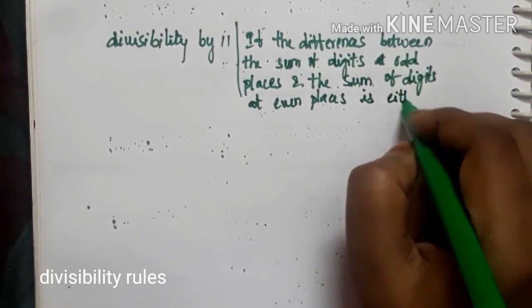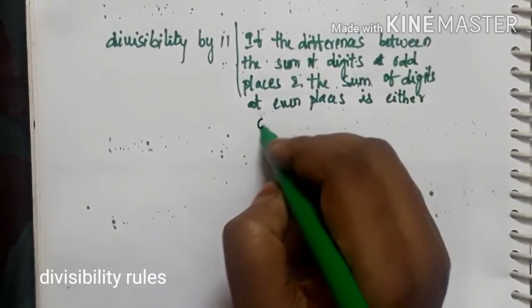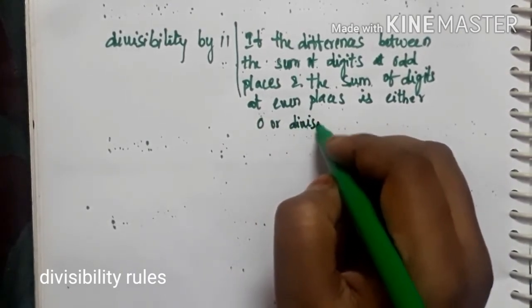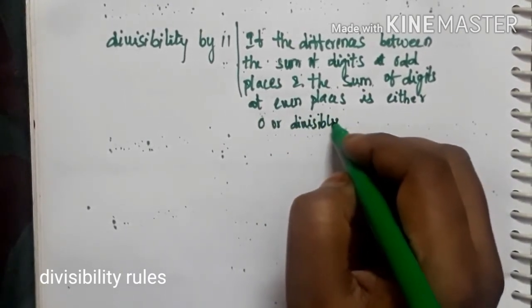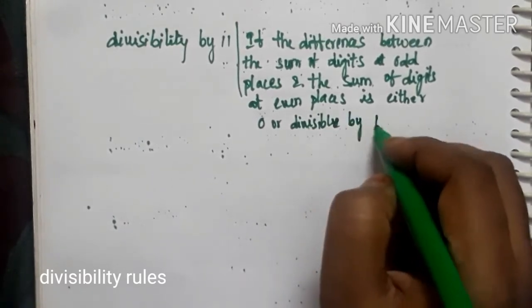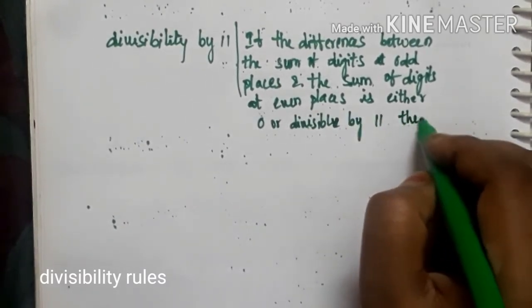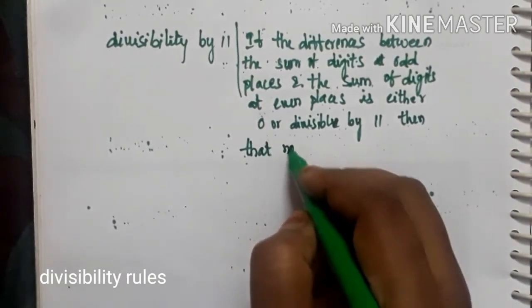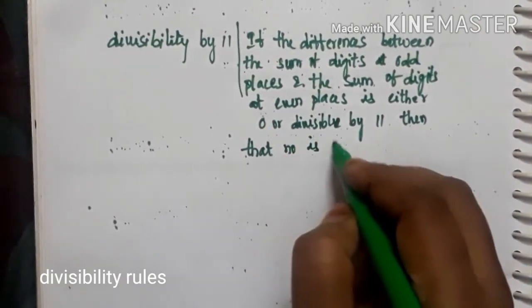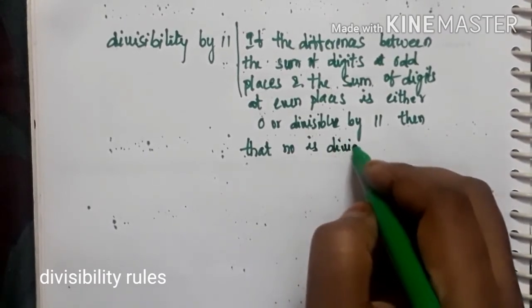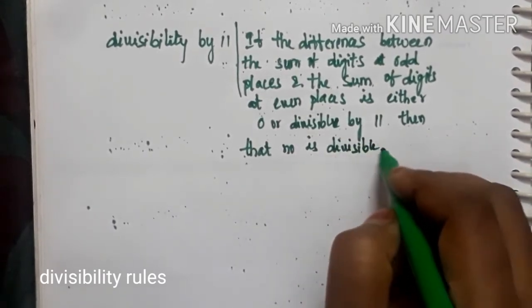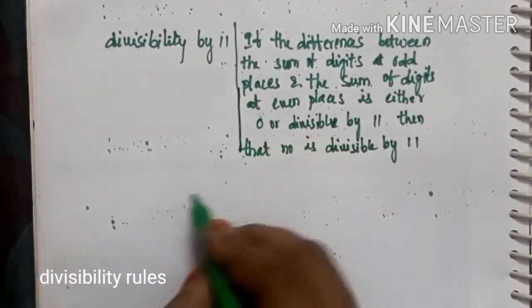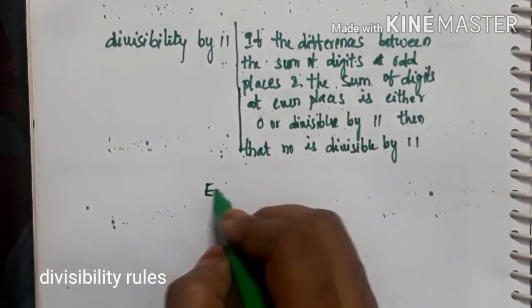So first of all you need to take out the sum of digits at odd places and the sum of digits at even places. After that you need to take out the difference between the two numbers and you should get 0 or a number divisible by 11. Then the given number should be divisible by 11, otherwise it won't be divisible.